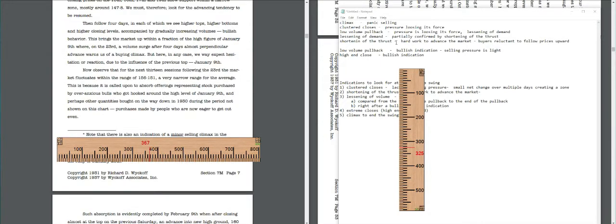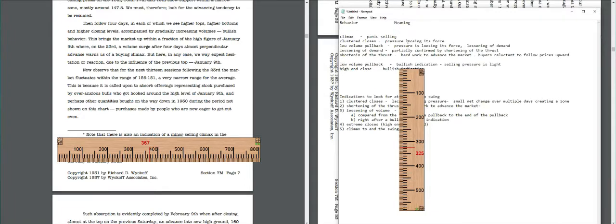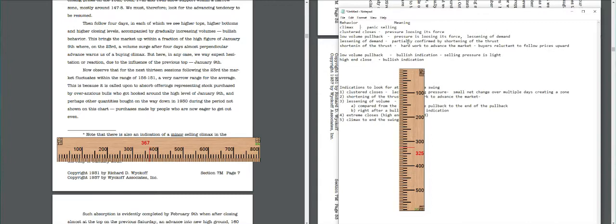Okay, so let's just review these behaviors. I'll make it really simple. Behavior and meaning. So far, he's covered climax. What is climax? Panic selling. What is panic selling? Panic selling by weak hands into strong hands. Clustered closes, what does it mean?